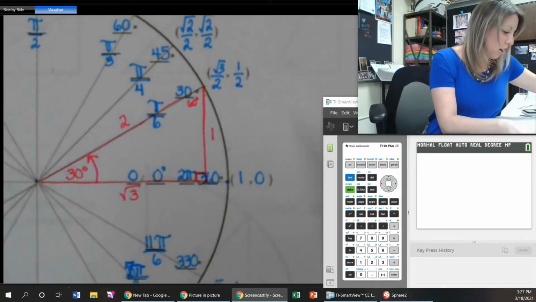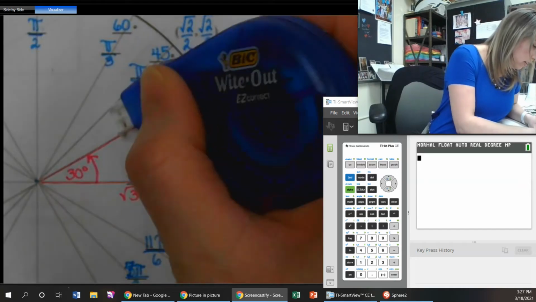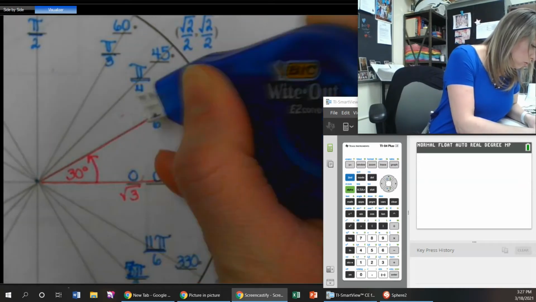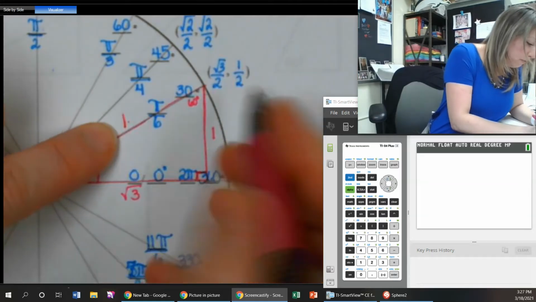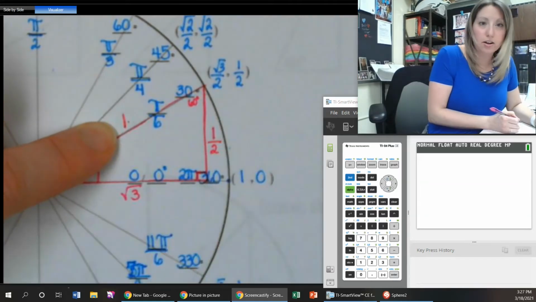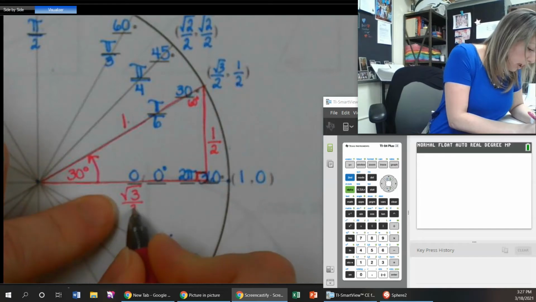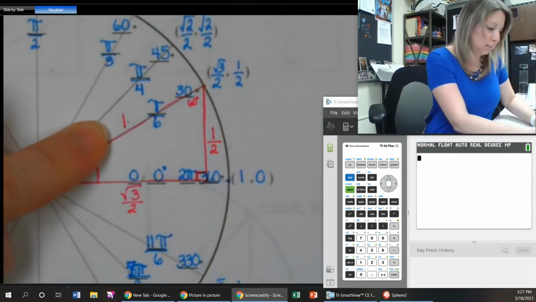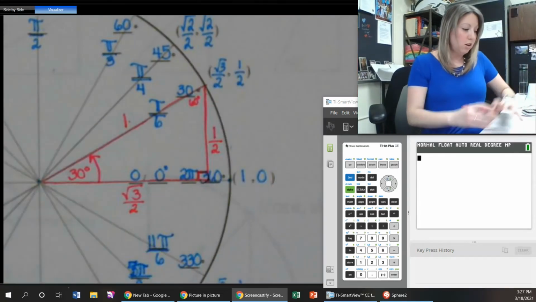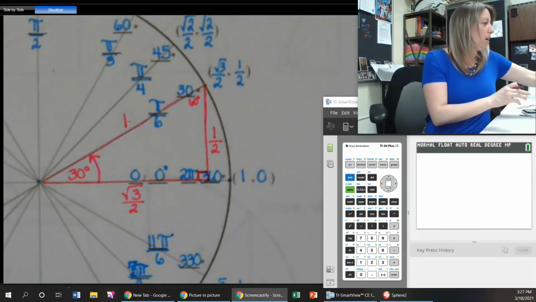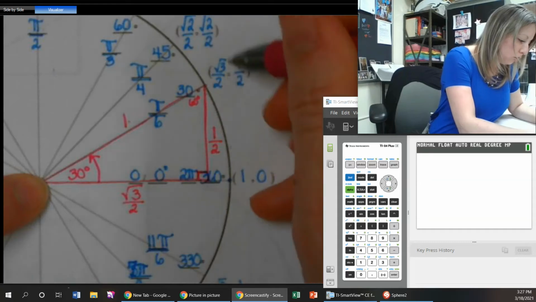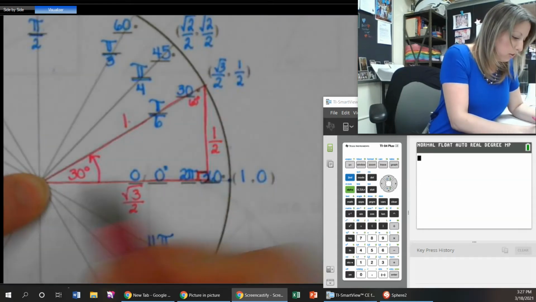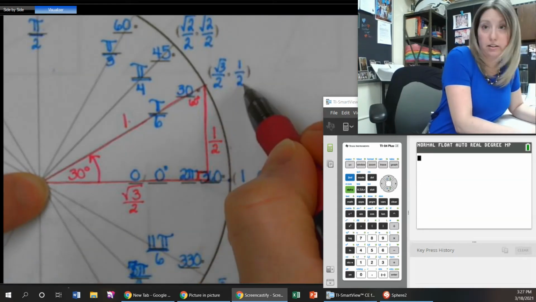So since this entire radius is 1, I take half of that to get this distance right here. And I take half of that, right? I took half of 2 to get this to be a 1. So I just reduced those down. And then look at the coordinates that match. This is your x. Look at what your x is. This is your y. This is what your y is.